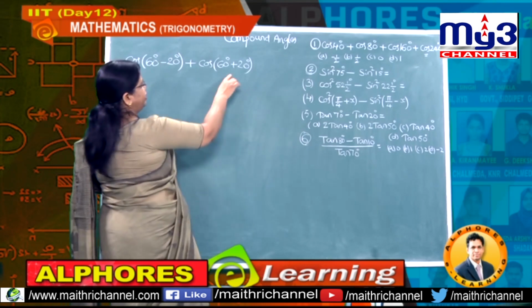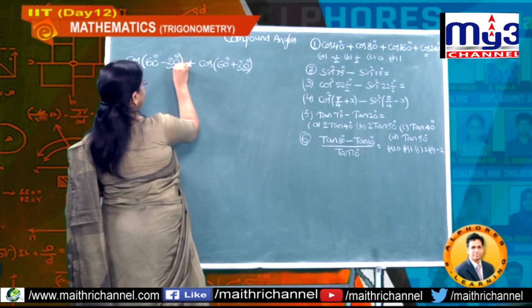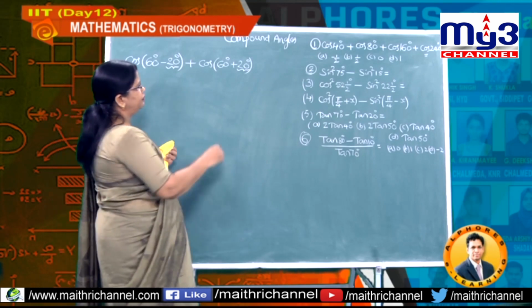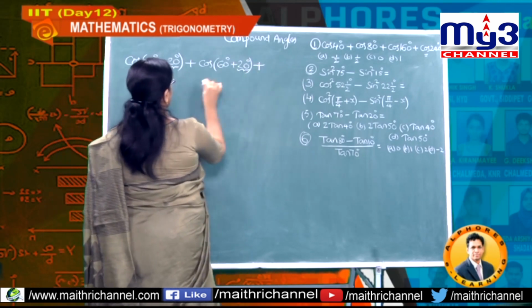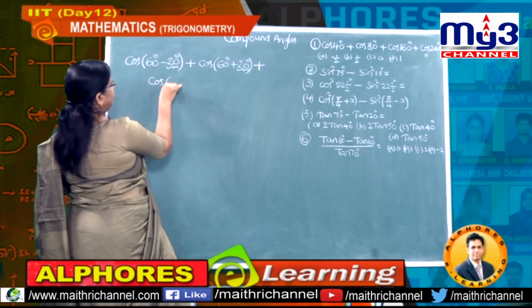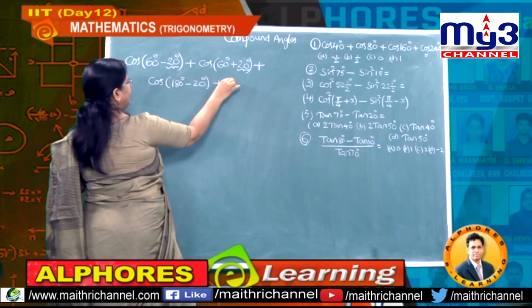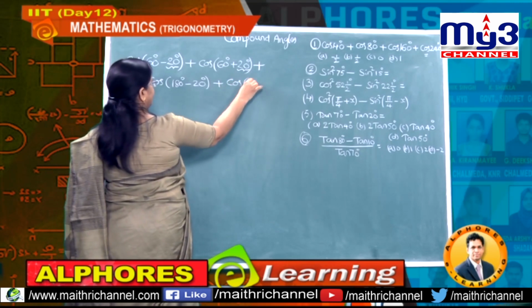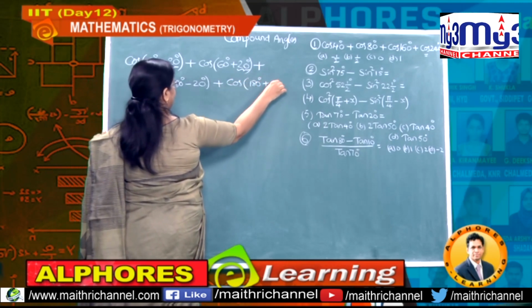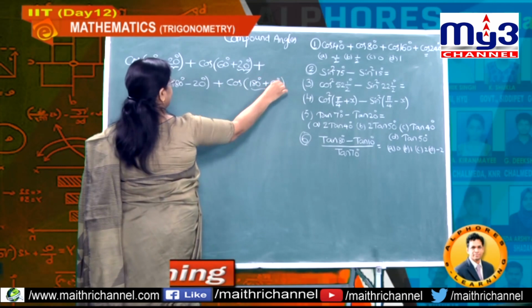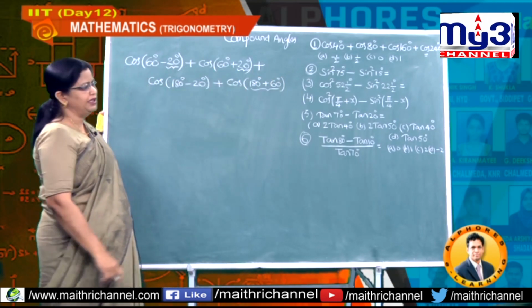That is why I am writing in terms of the same 20 degrees. Therefore it is nothing but plus cos of 180 degrees minus 20 degrees. And the last value, of course you know the value, I am writing this as 180 degrees plus 60 degrees, this is 240. Understand?